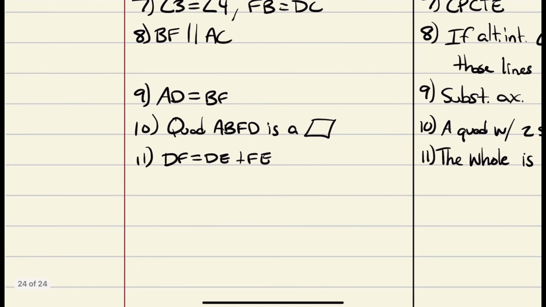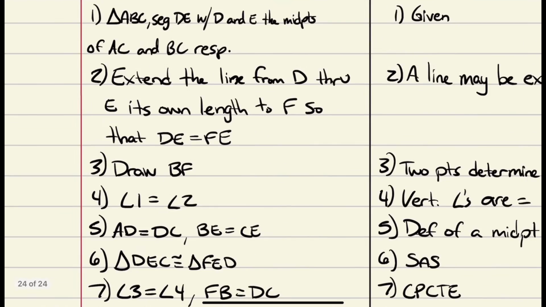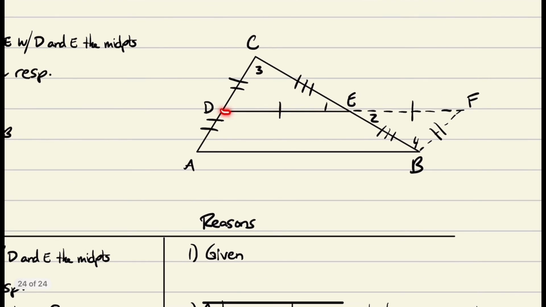All right, number 12. We're going to kind of switch things up a little bit. We should probably state that AB equals DF. That's important to state for what I was about to say. So AB equals DF.